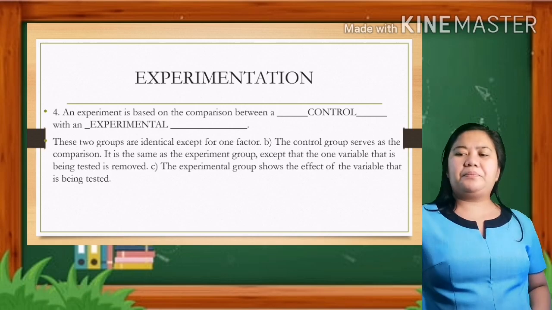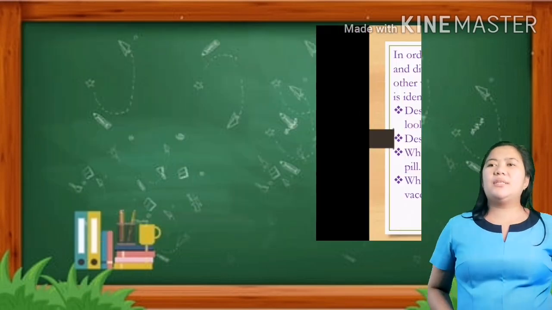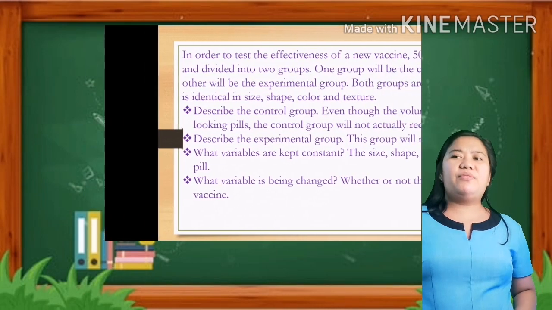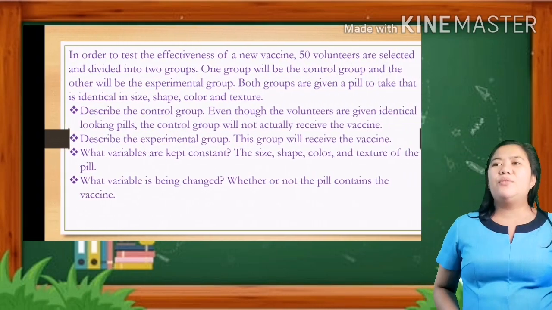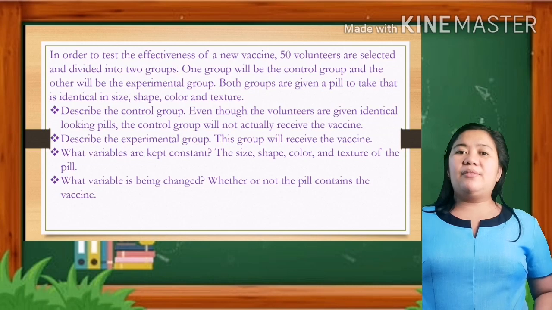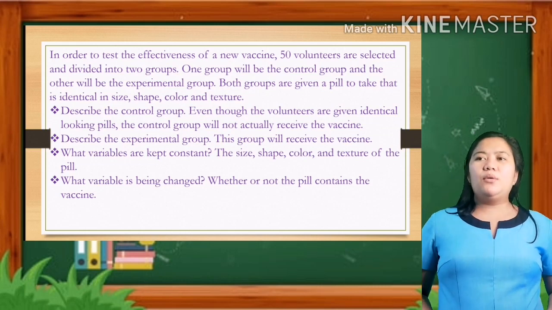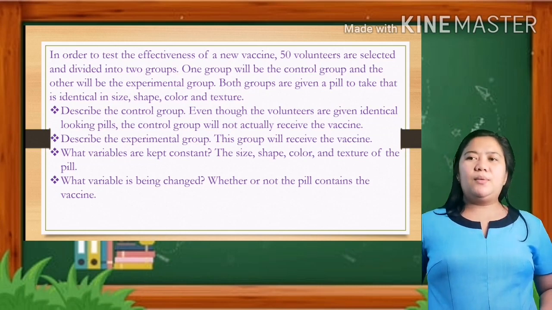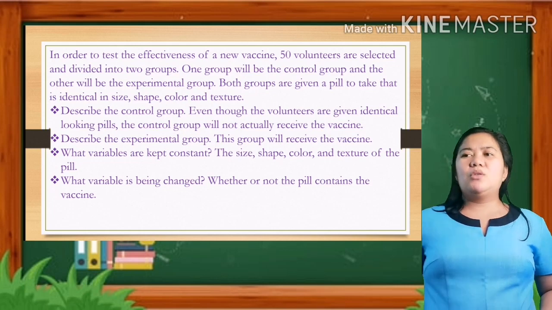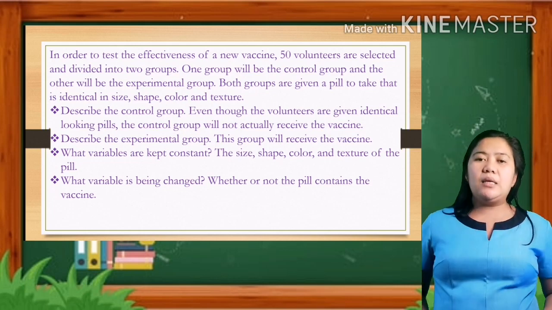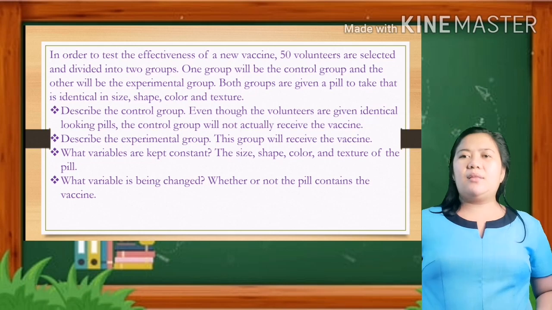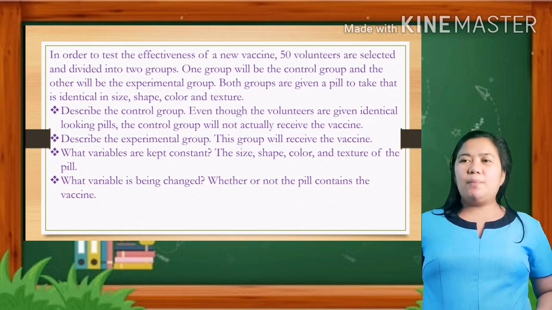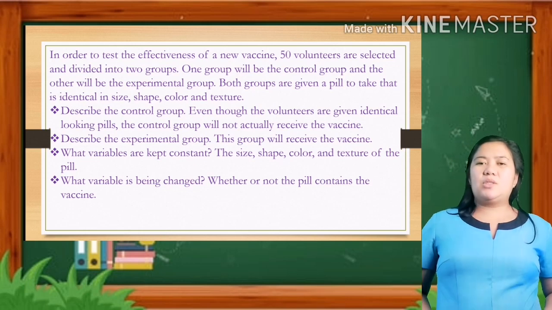hydroponic setup. So in order to test the effectiveness of a new vaccine, this is an example, 50 volunteers are selected and divided into two groups. One group will be the control group and the other will be the experimental group. Both groups are given a pill or vaccine to take that is identical in size, shape, color, and texture.